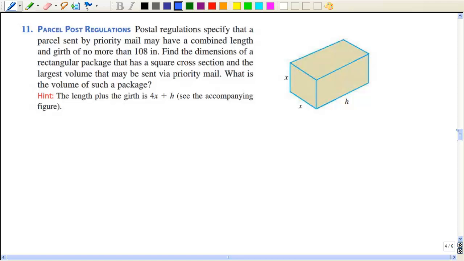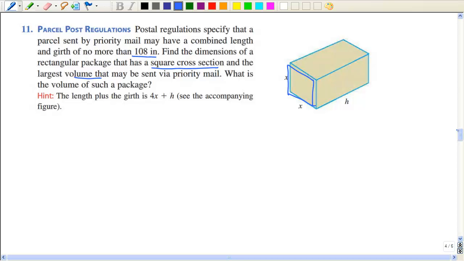All right, let's look at this one. It says postal regulations specify when we send a parcel, it can't have a combined length and girth of more than 108 inches. Find the dimensions of a rectangular package that has a square cross section, so again that x by x, and the largest volume.